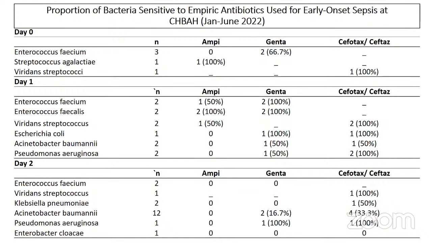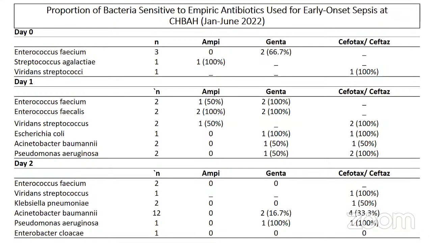Of those patients, 3 had Enterococcus. 2 of those Enterococcus were sensitive to gentamicin, which means the other one, we're not covering one of the patients. The group strep is good, had only 1 case, but 100% sensitive. And Streptococcus viridans was sensitive to cefotaxime, which we don't use routinely as a first line.